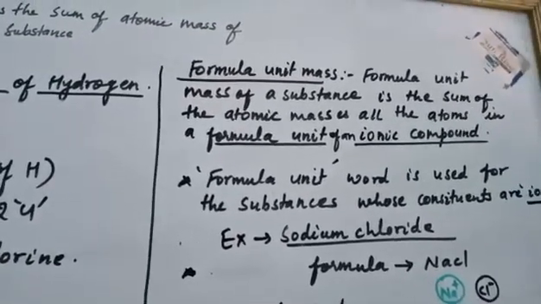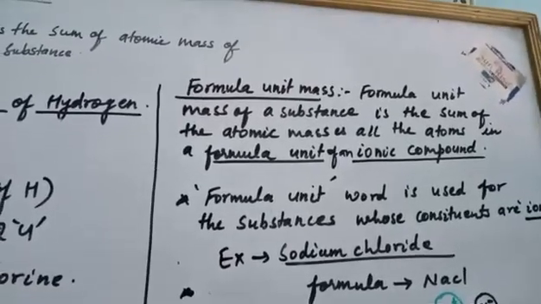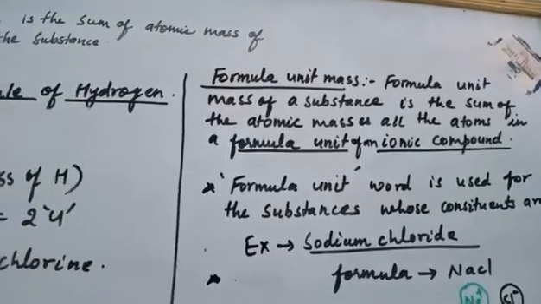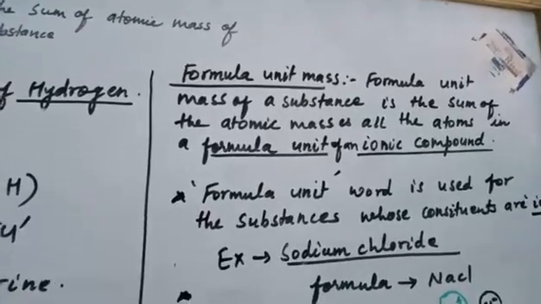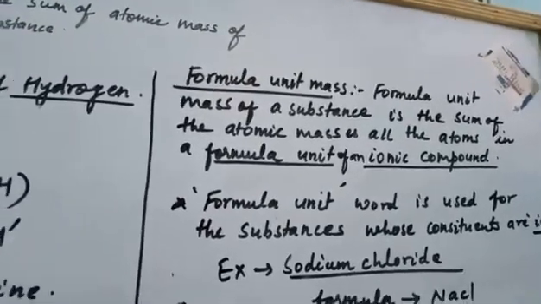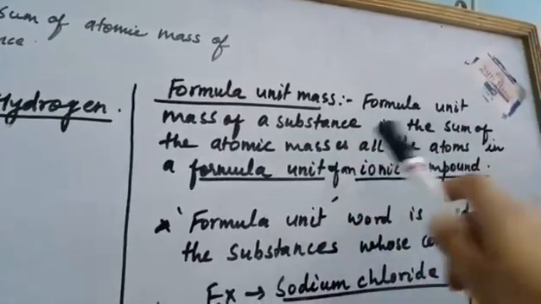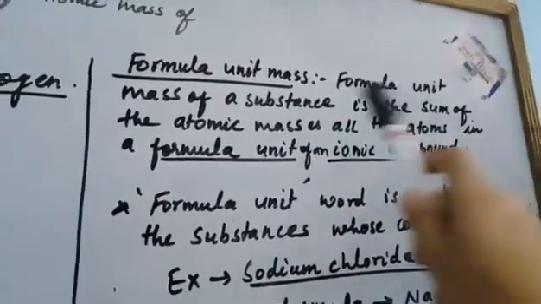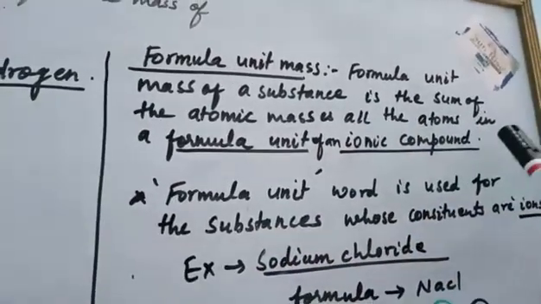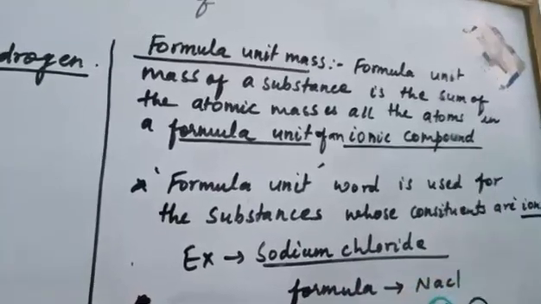Specifically for ionic compounds we use the word formula unit mass. So we will see the definition of formula unit mass. Formula unit mass of a substance is the sum of atomic masses of all the atoms, as with molecular mass. The definition is the same.